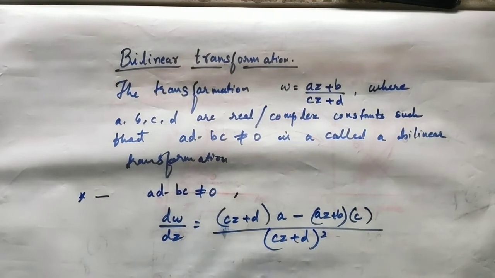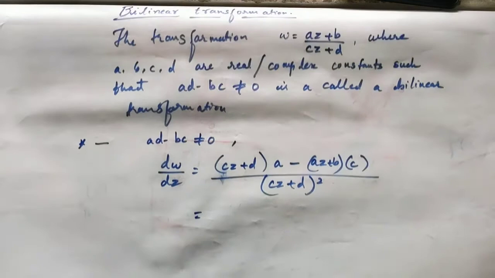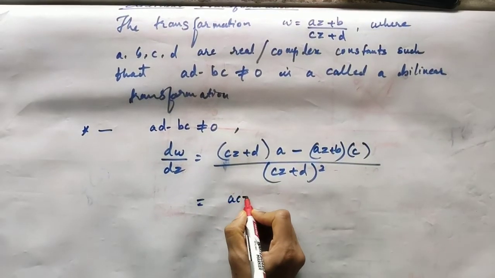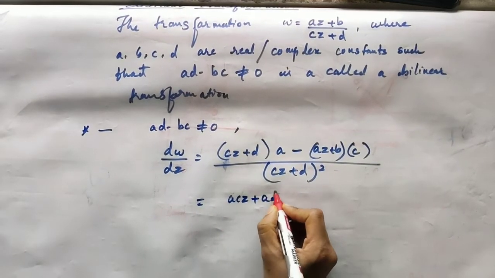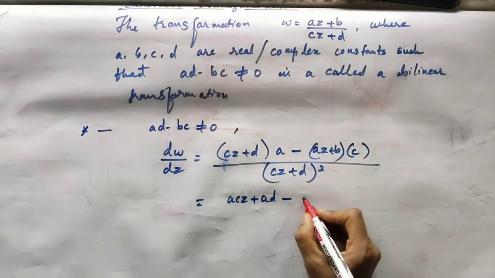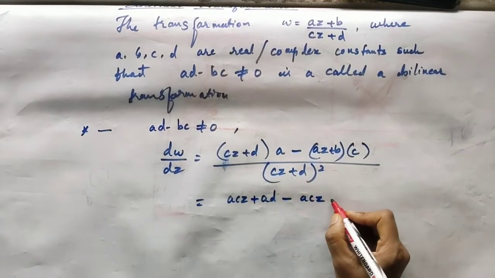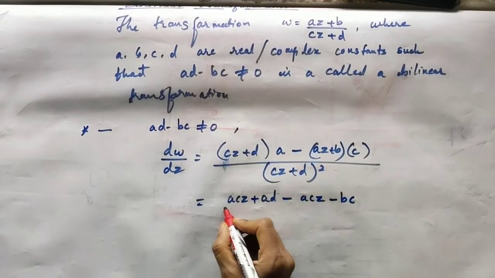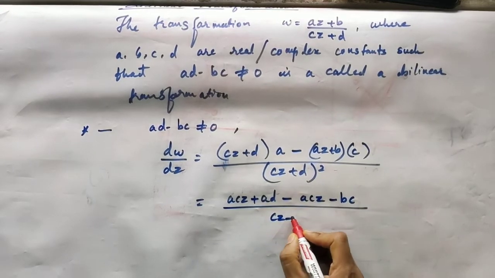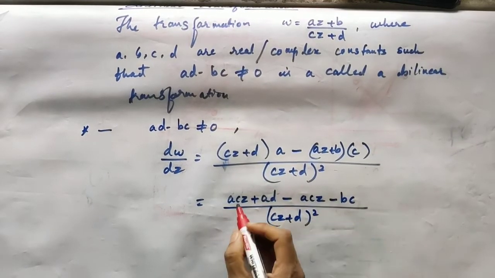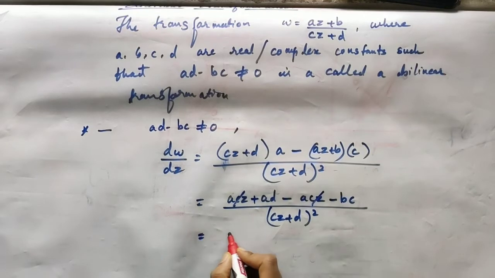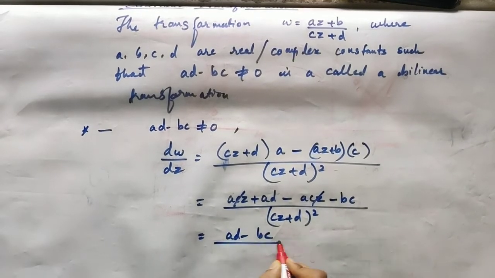If you simplify this, you get ACZ plus AD minus ACZ minus BC divided by CZ plus D whole square. Now ACZ gets cancelled: AD minus BC divided by CZ plus D whole square.